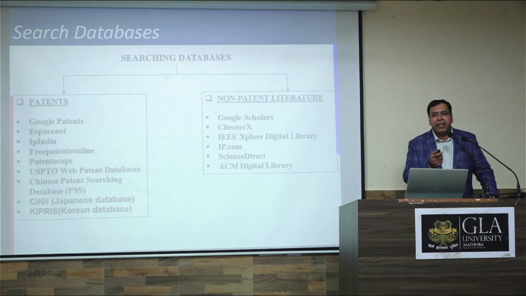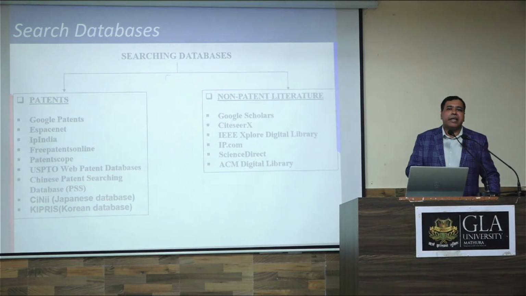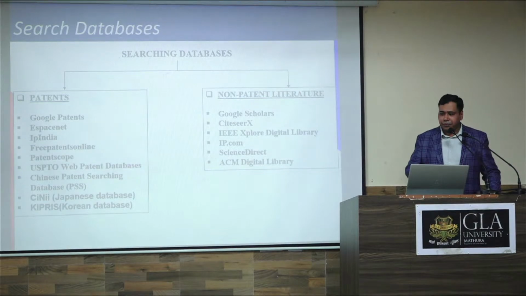This could be a very good source for your own research and to understand whether your invention is novel or not. I think if you just use Google Patents, it is more than sufficient for you to understand your technological landscape. And on non-patent, I'm sure you would know many more databases which you could use for understanding your technological landscape.